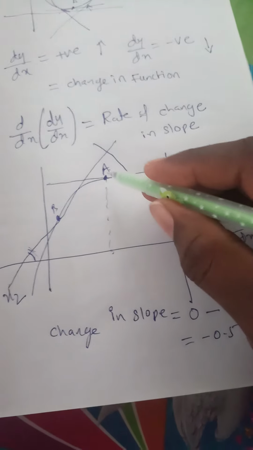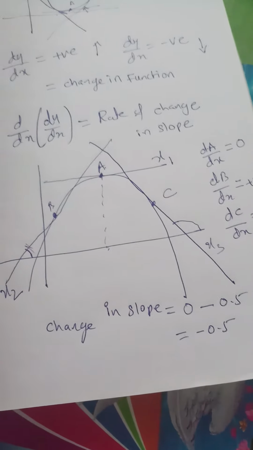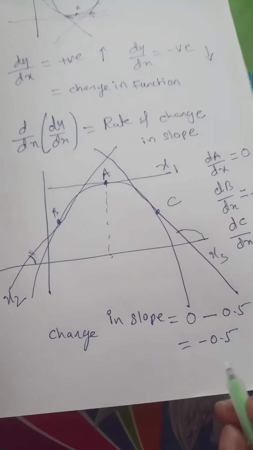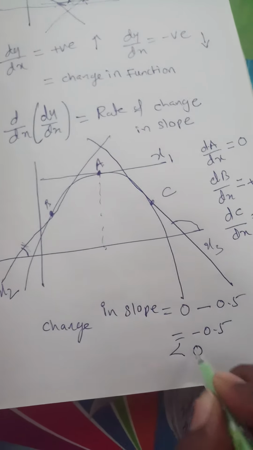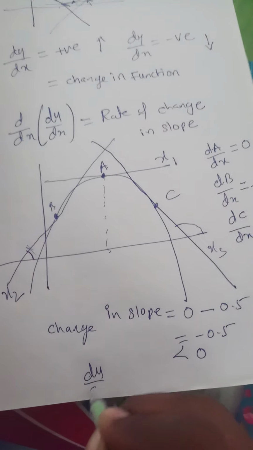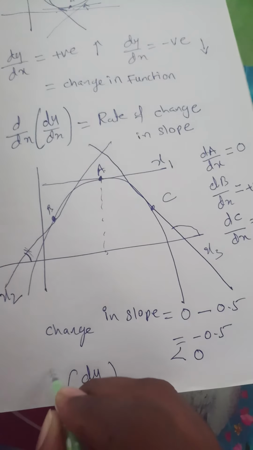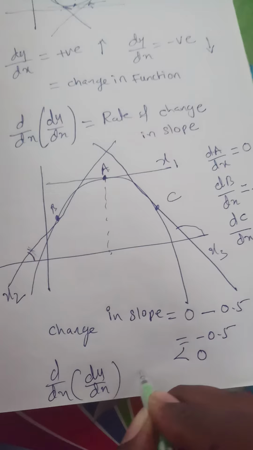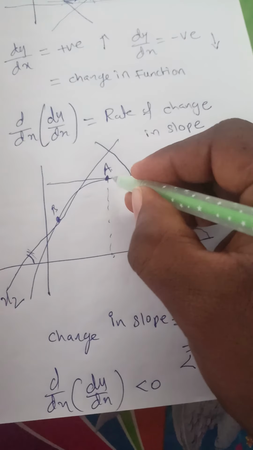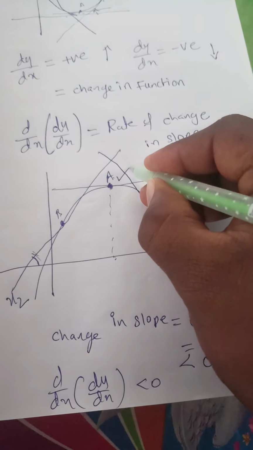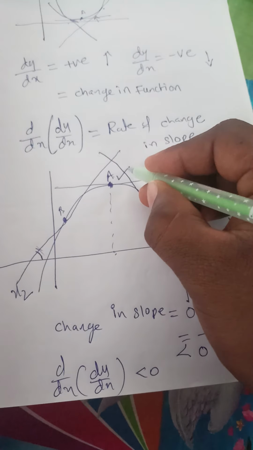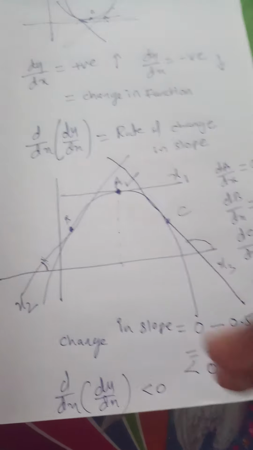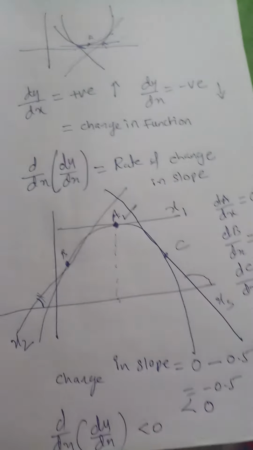So the change in slope, that is d by dx of dy by dx, I got negative. So A is called a point of maxima.